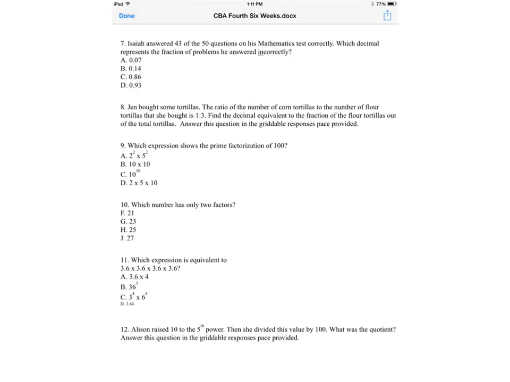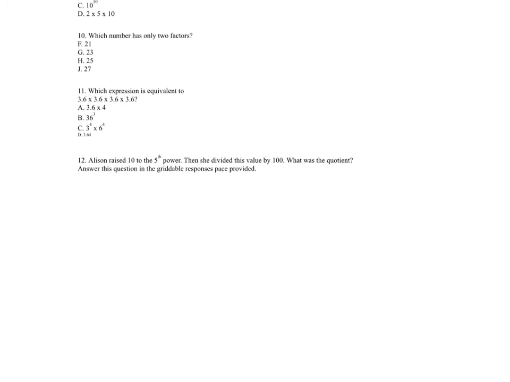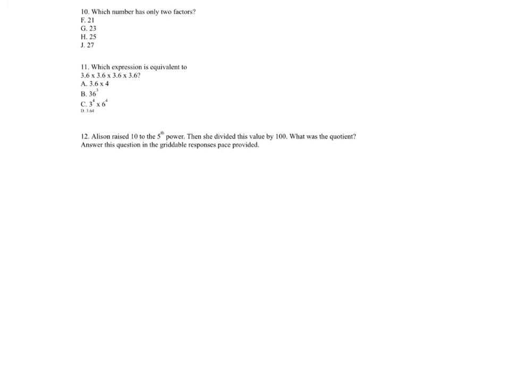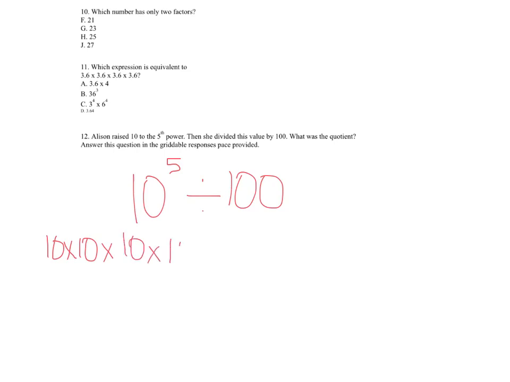Okay, number 12. Allison raised 10 to the 5th power. Then she divided it by 100. What's the quotient? Okay, so 10 to the 5th power means 10, 5 times. This is not equal to 50.